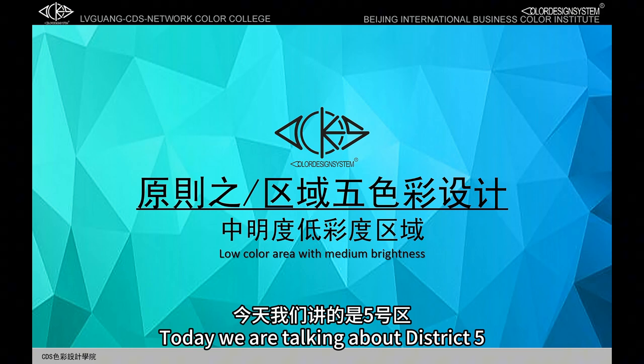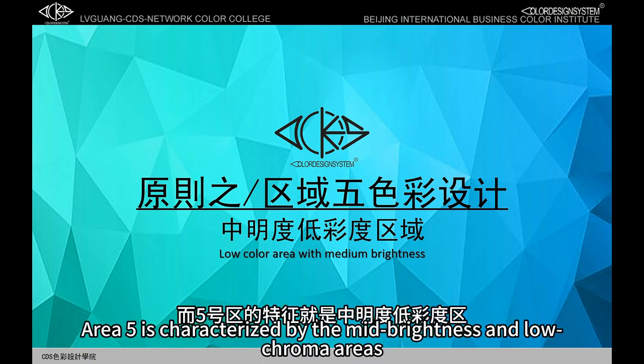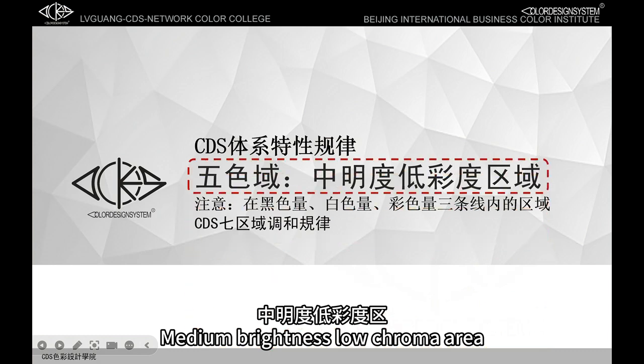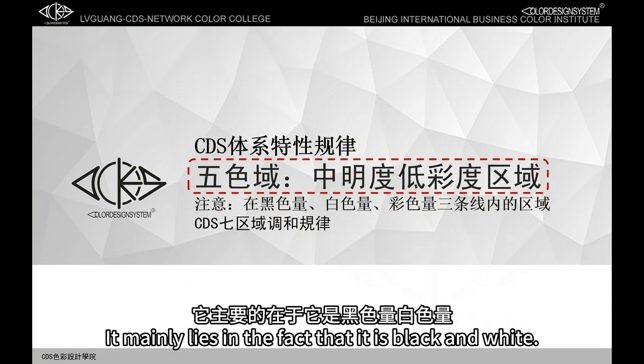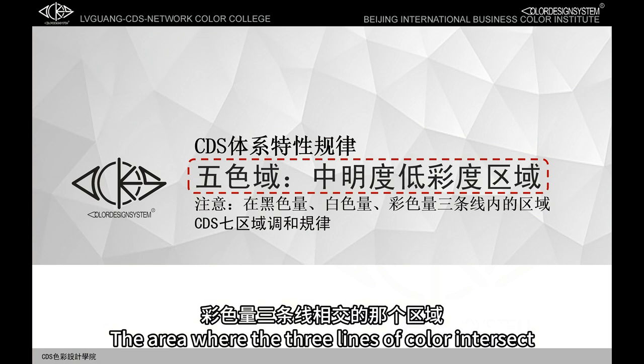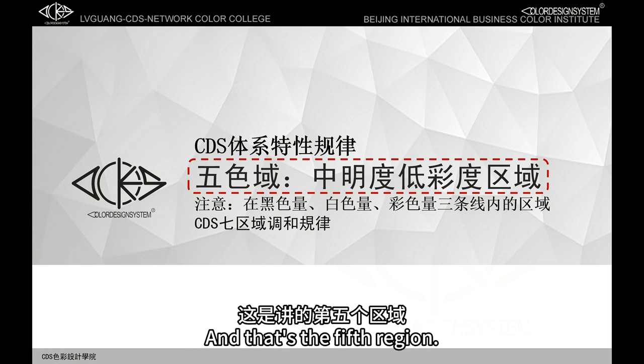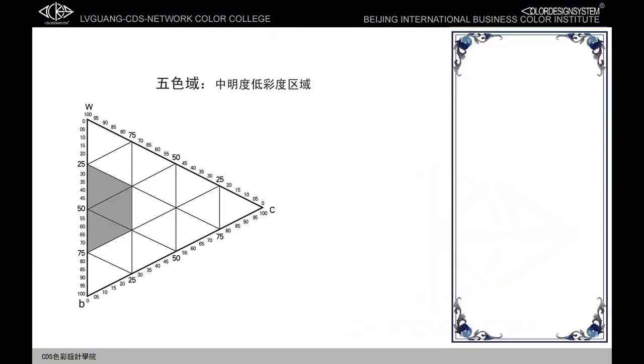Today we are talking about District 5. Area 5 is characterized by the mid-brightness and low chroma areas. It mainly lies in the area where the black, white, and color lines intersect. We have 7 zones in total, and that's the fifth region.